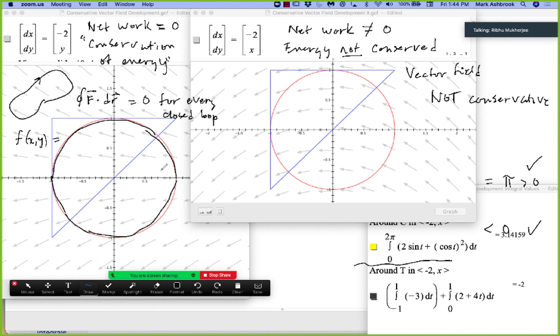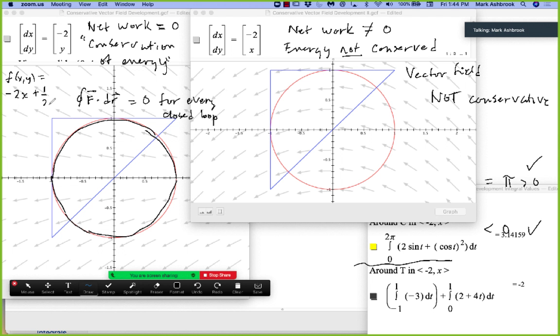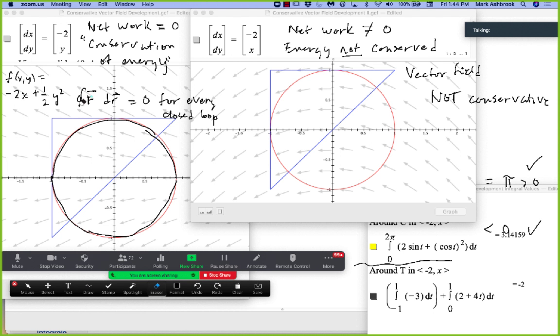Like negative 2x plus 1/2 y squared plus c. Okay, so he wants negative 2x plus 1/2 y squared plus c.